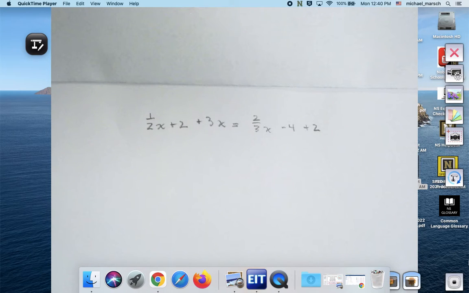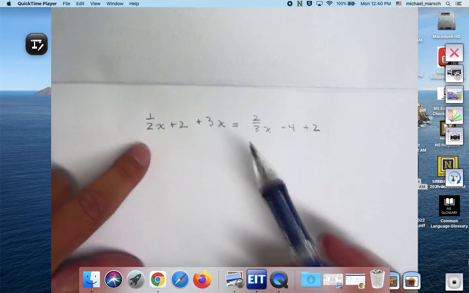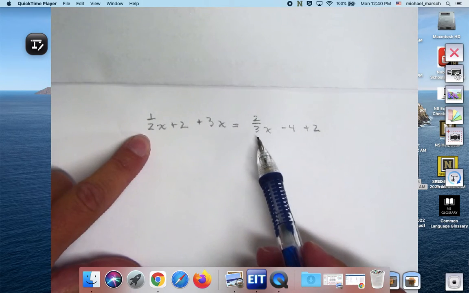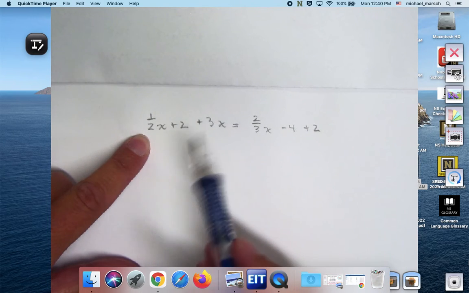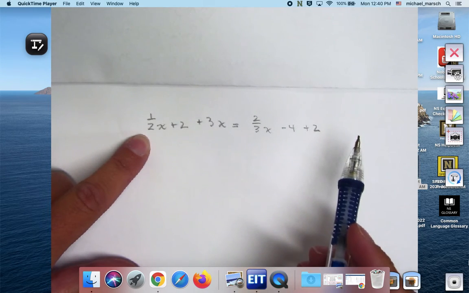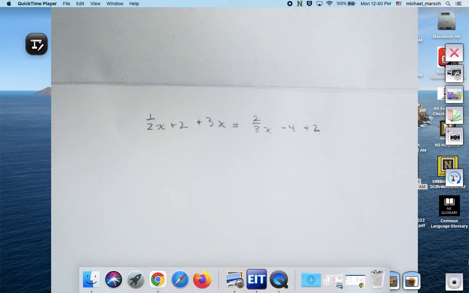So if we were going to add 1/2 and 2/3, we would need a common denominator, right? What would my least common denominator be for 2 and 3, because those are my denominators? 6. Yeah, because 2 goes into 6 evenly, 3 goes into 6 evenly. There are other numbers that those go into, but we're looking for the smallest one, right?